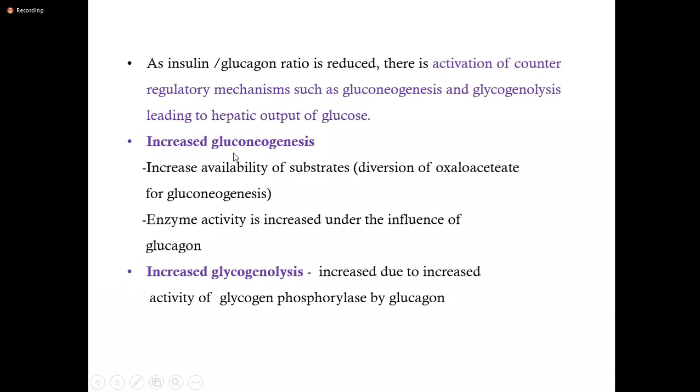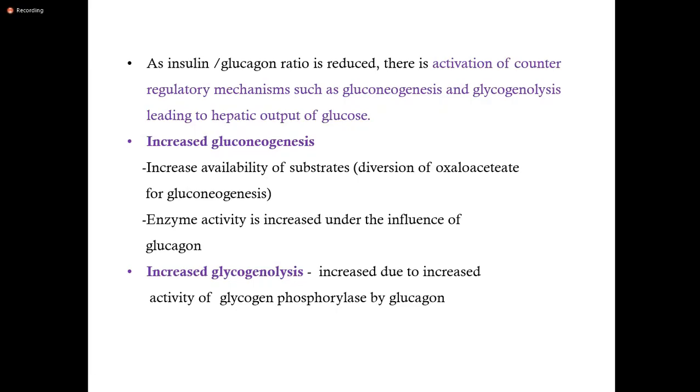So once you tell this increased gluconeogenesis, you have to say why. Say what happens to the hormone balance, and then with the change in the substrate availability and the enzyme activity, there is increased gluconeogenesis in these patients, releasing glucose into the blood. That we explain as the second thing.